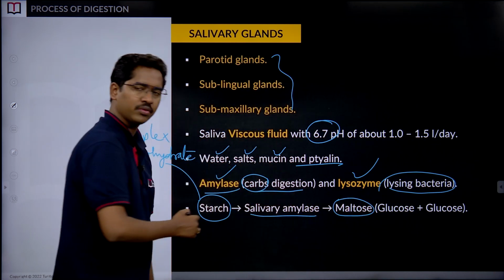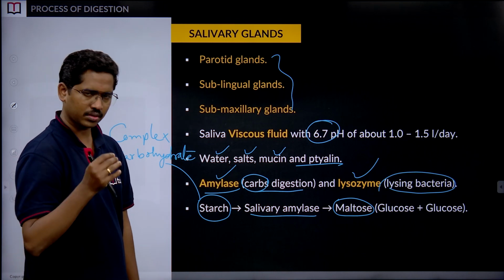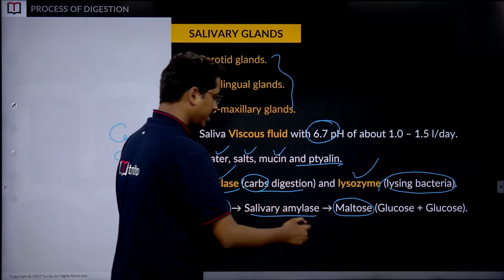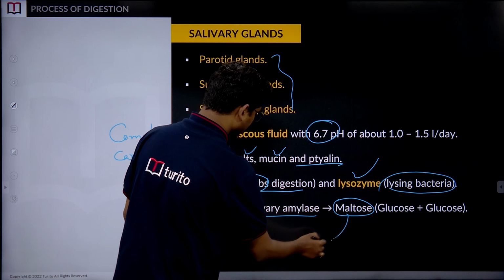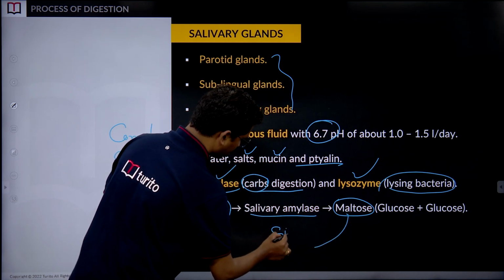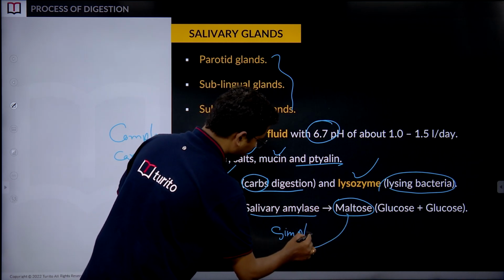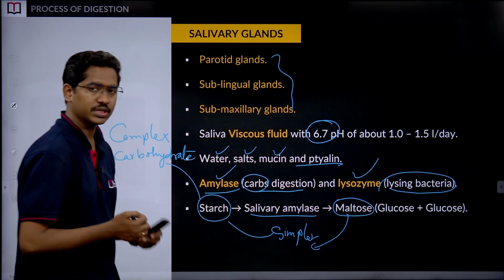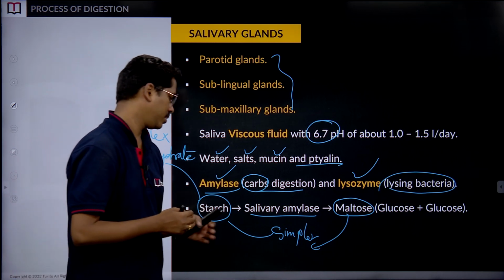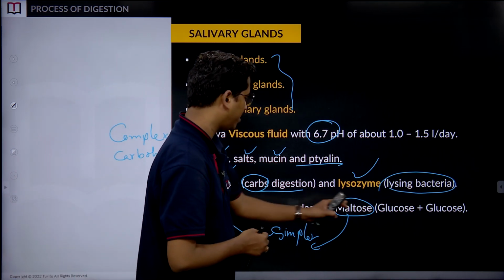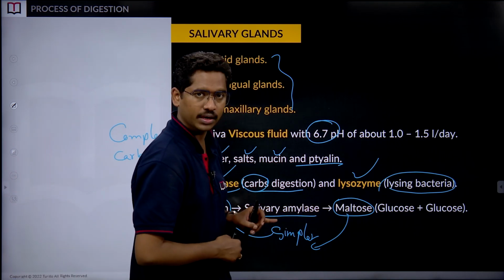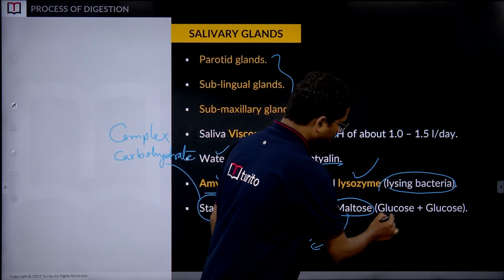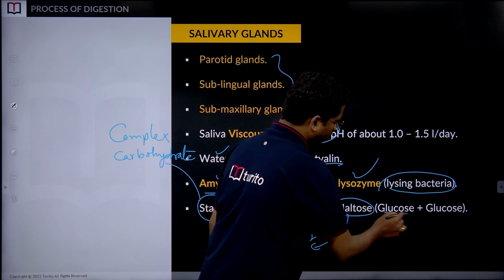Maltose is also quite complex compared to glucose, but maltose is simpler than starch. Starch is a very complex carbohydrate, and it gets converted into maltose by the action of the salivary amylase, and maltose has 2 units of glucose.